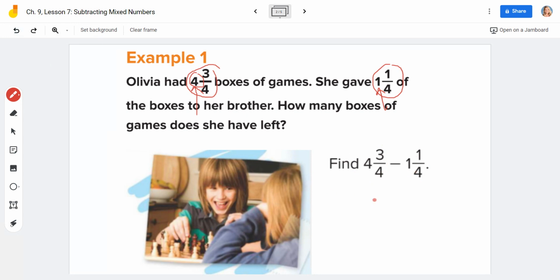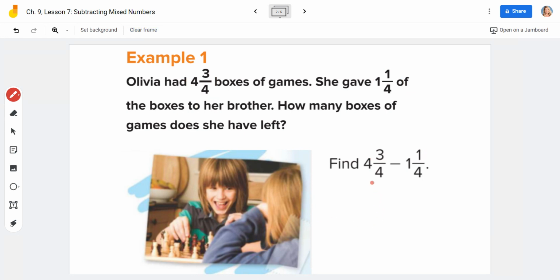Now, here's the tricky part. Just because my largest whole number comes first, that mixed number comes first, doesn't mean that my largest numerator will be first. So I have to check my whole numbers, then I have to check my numerators. Well, with this particular problem, my biggest numerator is first. So I am good.